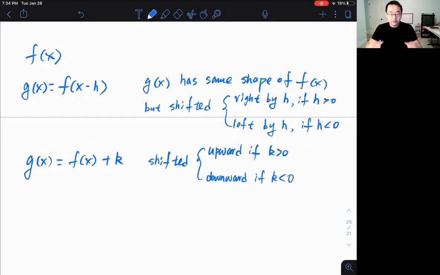So this is the whole f of x already finished, and then plus k, so that's when you shift it up or down while holding on to the same shape, okay?